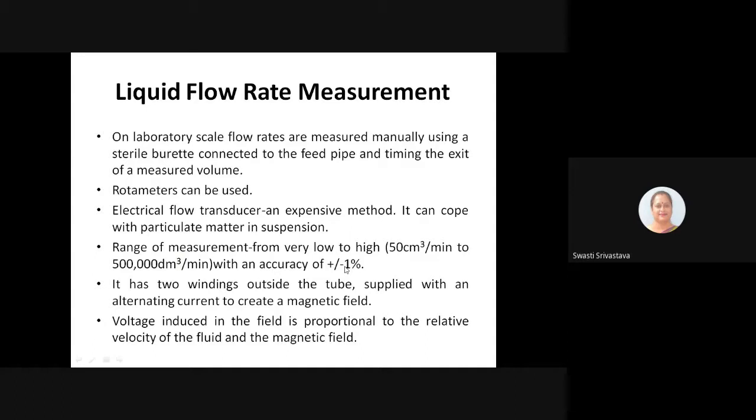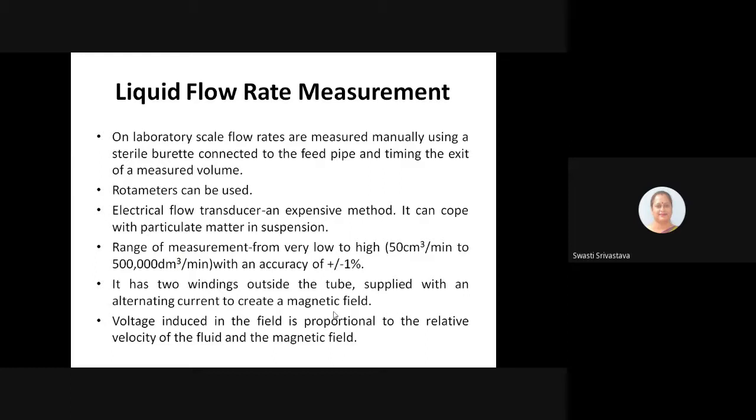In a particular design of this electrical flow transducer, there are two windings outside the tube that are supplied with an alternating current to create a magnetic field. The potential difference in the fluid can be measured by a pair of electrodes and is directly proportional to the velocity of the fluid.